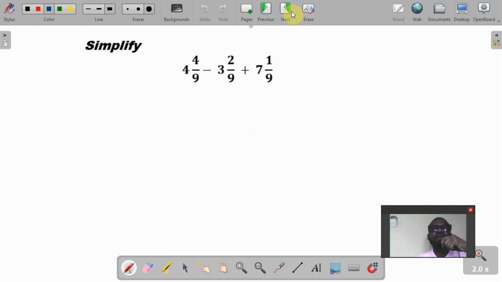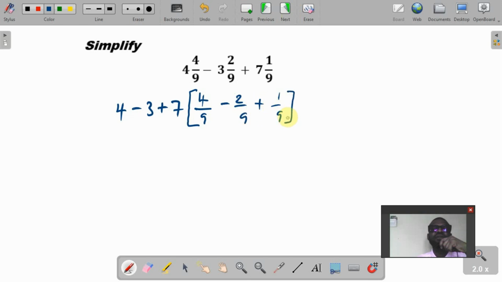Now, take a look at this. I have a mixed number here. So, I'm going to simplify the whole numbers: 4 minus 3 plus 7. Then I will add or simplify the fractions: 2 over 9 plus 1 over 9. Okay, so 4 minus 3 is 1. 1 plus 7 is 8.